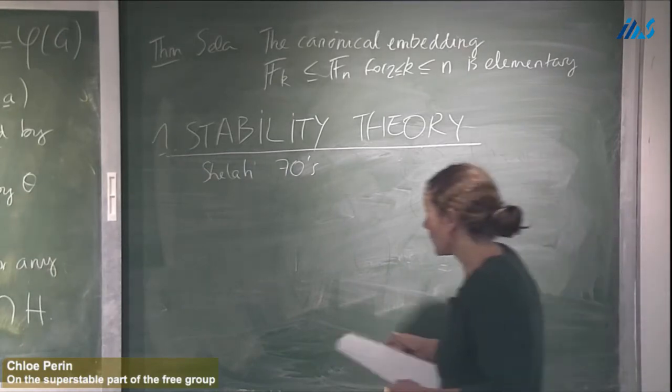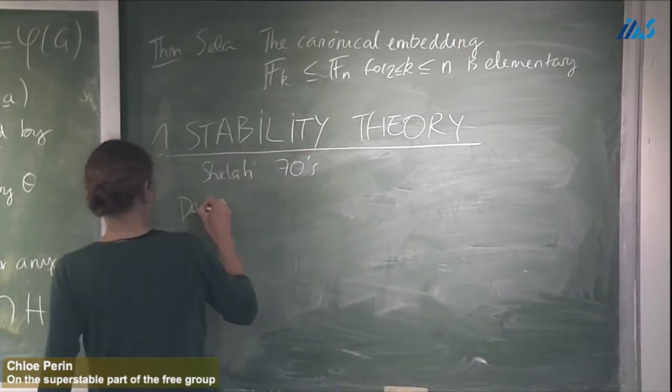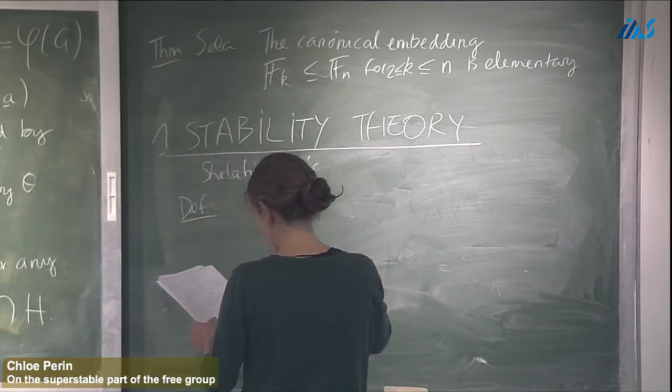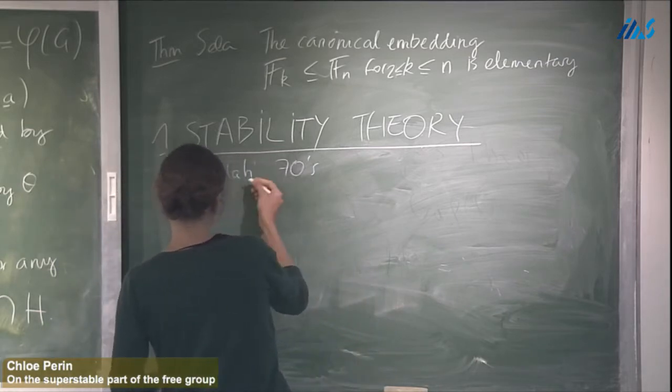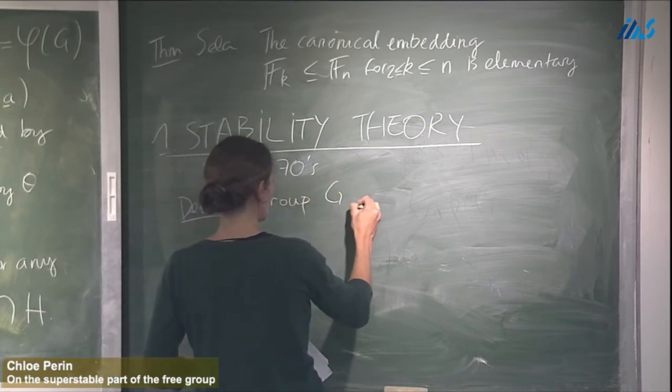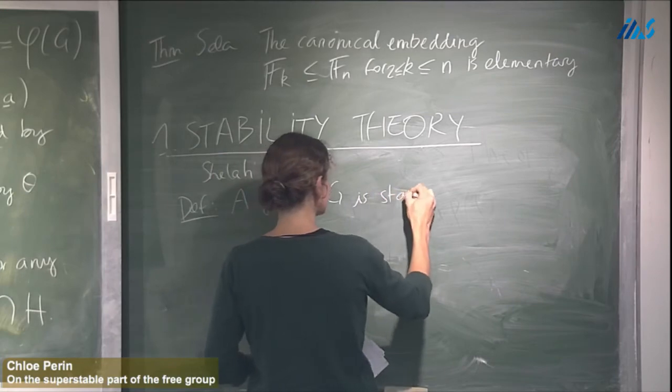So the first notion that Shelah defined is that of a stable structure. I will give the definition for groups. So a group G is stable.